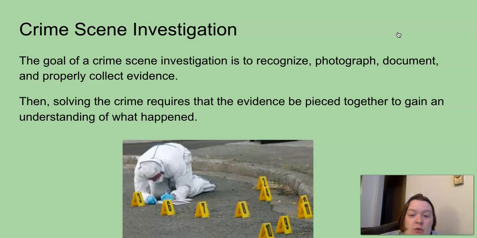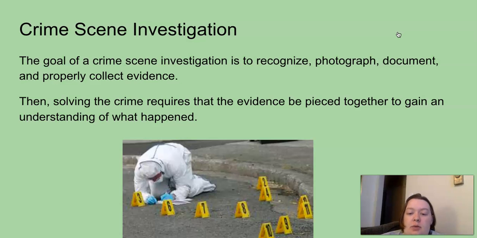Then the solving of the crime requires the evidence be pieced together to get an overall understanding of what happened. Typically, at a crime scene, anything can be considered evidence. It's better to consider something evidence and later find out it has nothing to do with your crime than to overlook it.